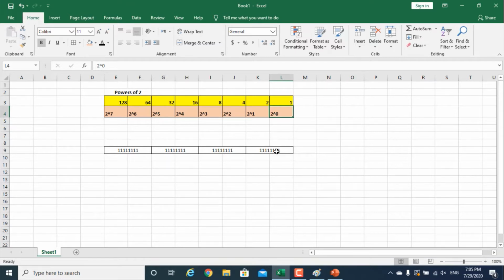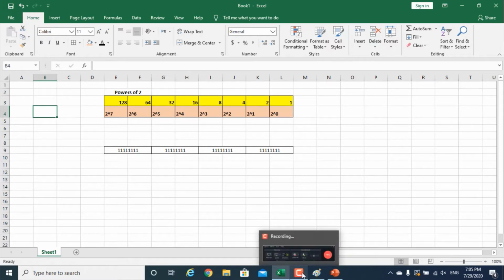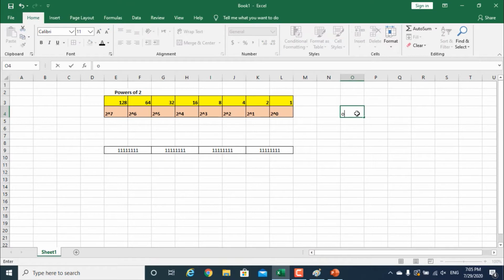But if you don't know, I will show you how to convert binary into decimal. We can convert 2 raised to the power 8, 9, 10, but since our IPv4 octet is only 8 bits, we only need this many powers. So 2 raised to the power 0 is 1, 2 raised to the power 1 is 2, then 4, 8, 16, and 2 raised to the power 7 is 128.